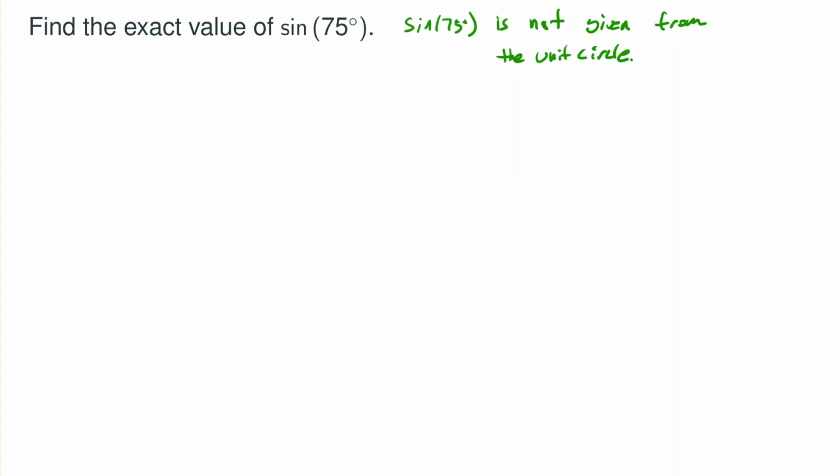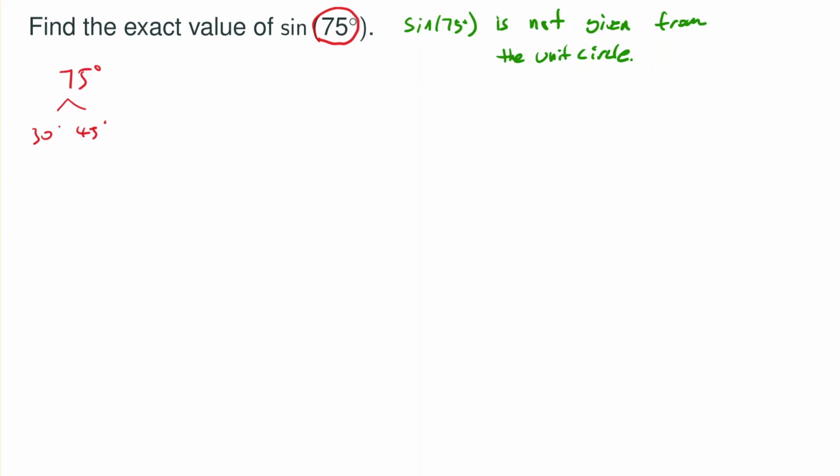So what we do is we try to break this angle, 75 degree, into two angles that are on the unit circle. So we can use the unit circle values. So we can either find two angles that we add to get 75, or we get two angles that we subtract to get 75. But here we can actually separate into 30 and 45 degree.